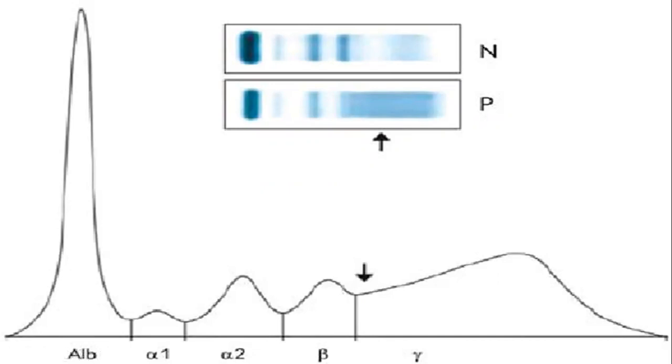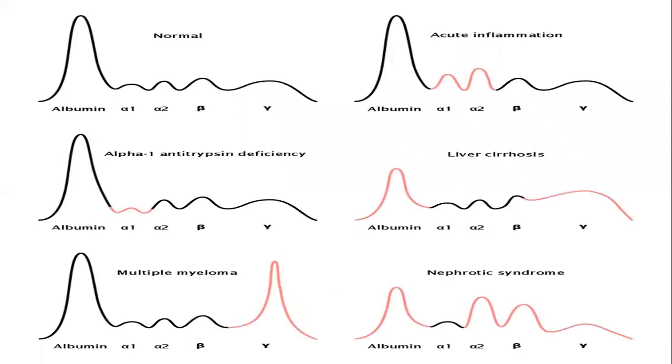Another abnormal serum protein electrophoresis is the presence of alpha 2, alpha 1, and beta globulin band spikes. This is usually seen in acute inflammation.